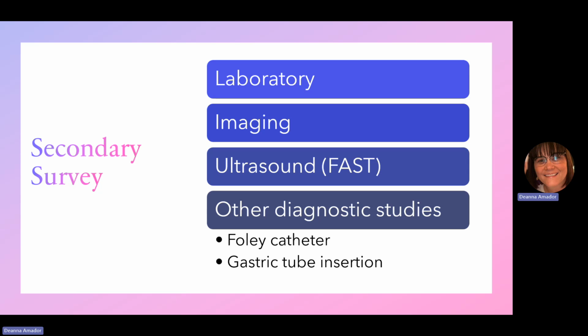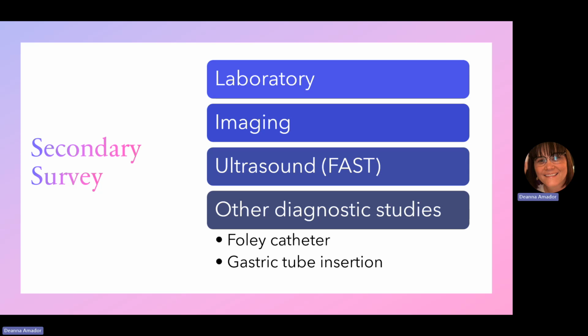A valuable tool that they use during the secondary survey is a FAST assessment. This is a focused assessment with sonography for trauma, FAST. Sonography is ultrasound, so it's an ultrasound that they use to look for free fluid in the abdomen, pericardium, or pelvis.